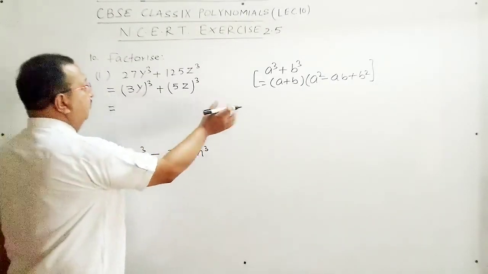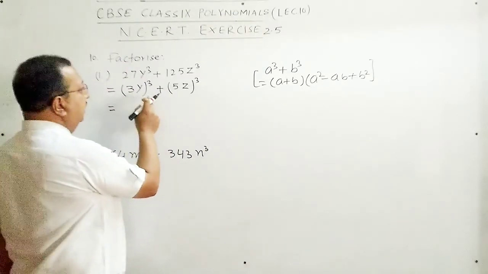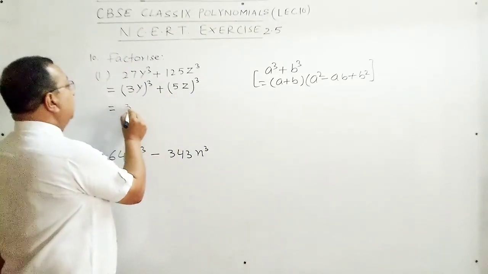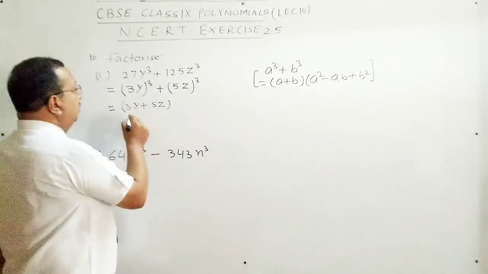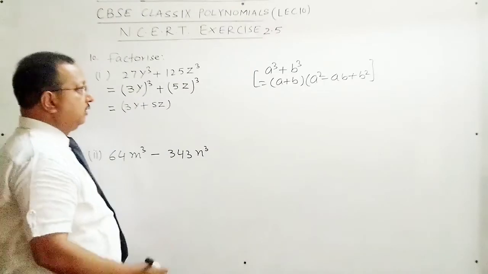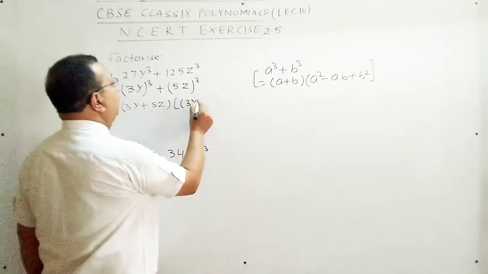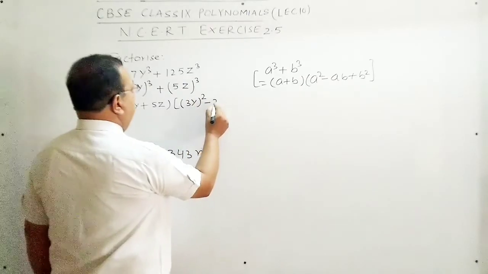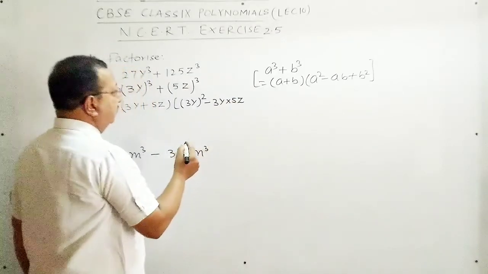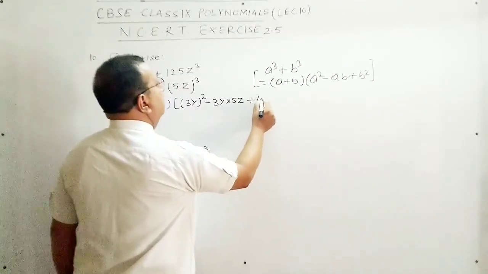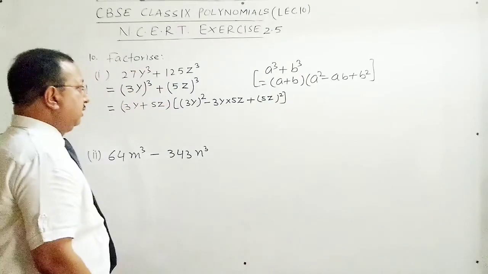In the first bracket there is a plus b, in place of a there is 3y, in place of b there is 5z. So this becomes 3y plus 5z, and the other bracket a square means square of 3y minus 3y into 5z plus square of 5z.